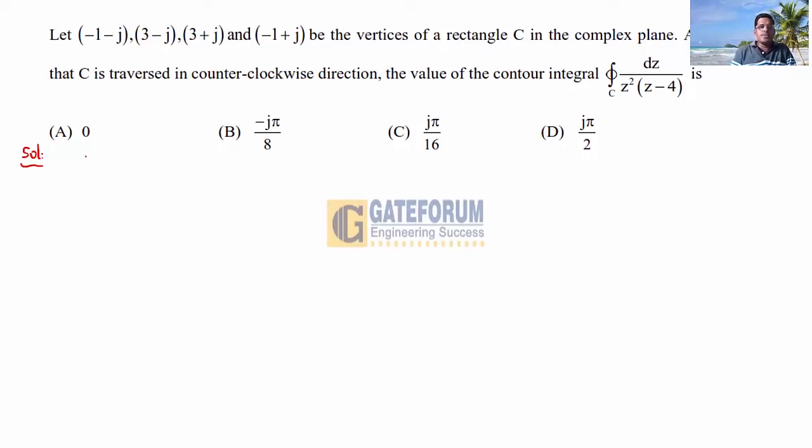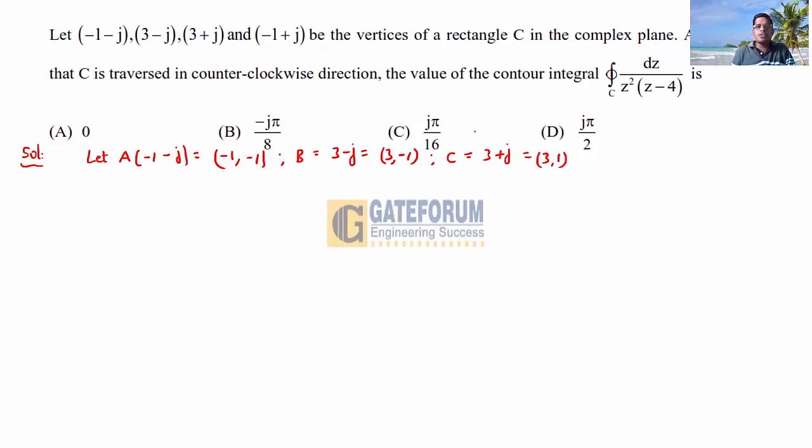Let A be minus 1 minus j, which is nothing but (minus 1, minus 1) in 2D geometry representation. B is equal to 3 minus j, which is nothing but (3, minus 1) in coordinate geometry. C is equal to 3 plus j, nothing but (3, 1).